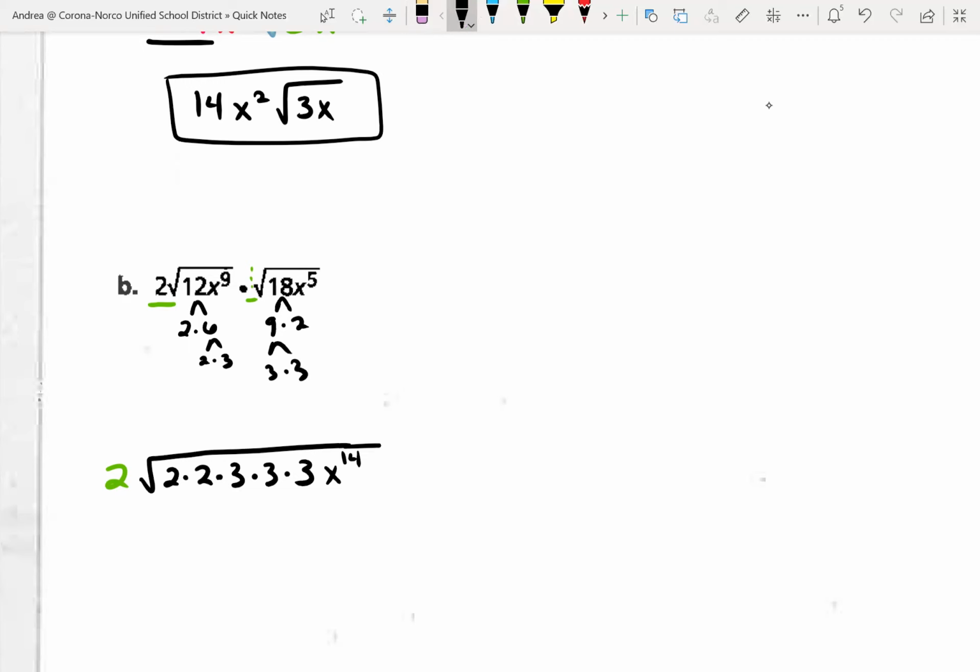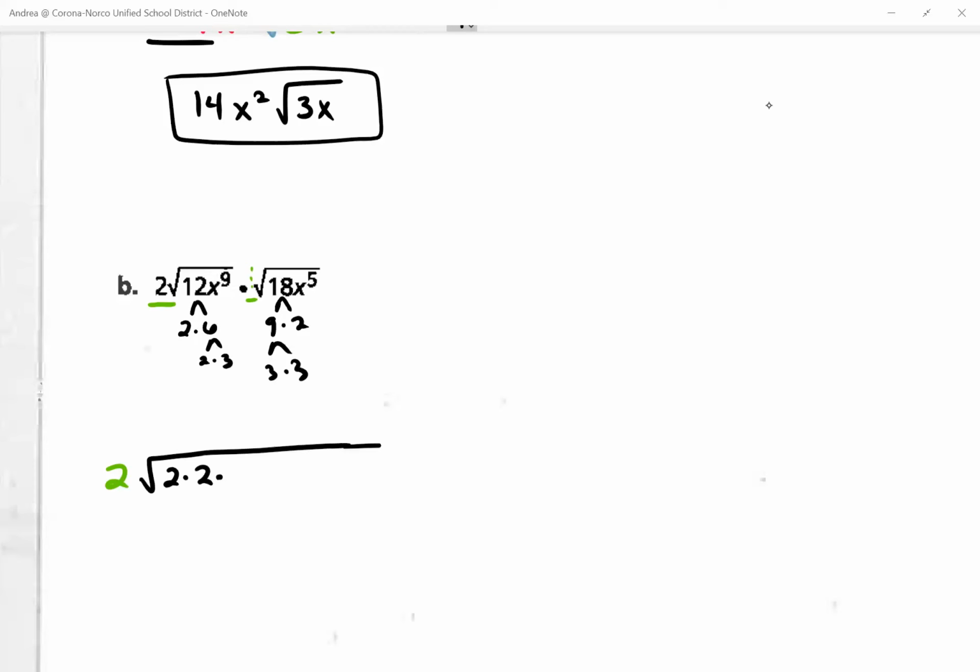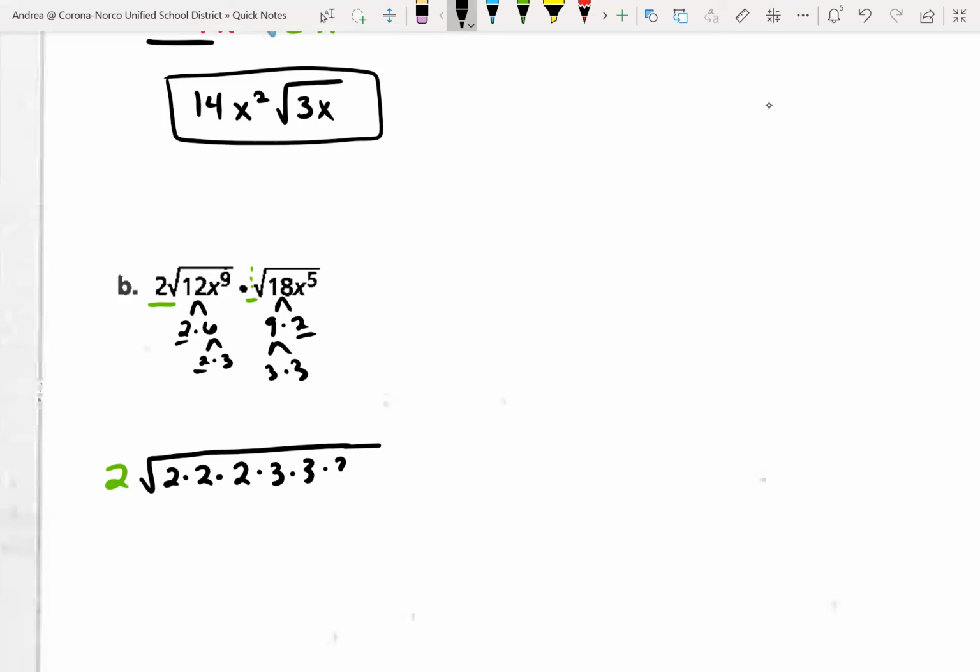Oh, I'm missing a 2 inside, you guys, right? I should have an extra 2. Give me 1 second. I have 2 times 2 times 2. Then times 3 times 3 times 3, and then x to the 14th. Fix that for me. Wait until we're done with notes. We're almost done.